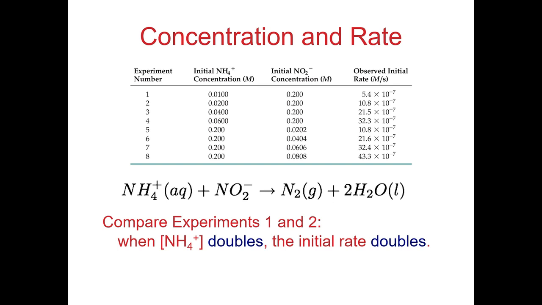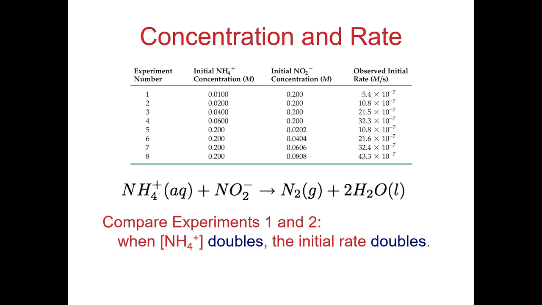Now, in order to determine reactant orders, we need to vary the concentrations of our reactants to determine what happens to the rate. So in this example, we have NH4 plus NO2 minus produces N2 plus 2H2O. We have information about both reactants, concentrations are varied, and we look at what happens to the rate.